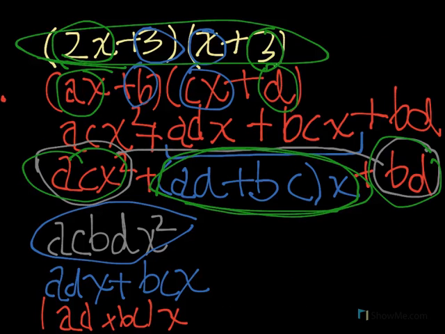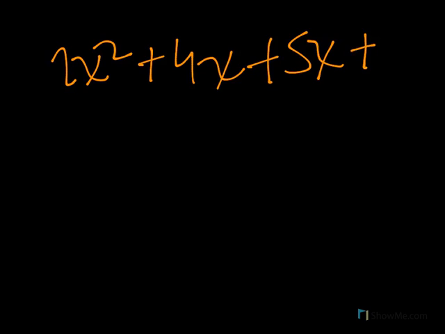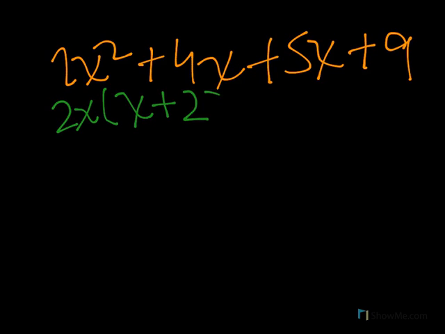This time you write 2x squared plus 4x plus 5x plus 9. So I'm going to factor out: 2x from the first two terms, which gives 2x times x plus 2, and then a positive sign.